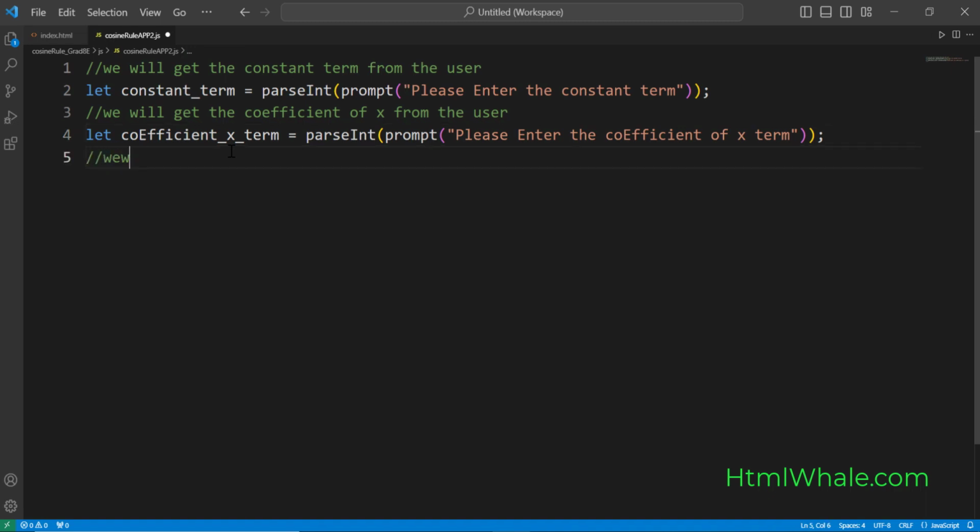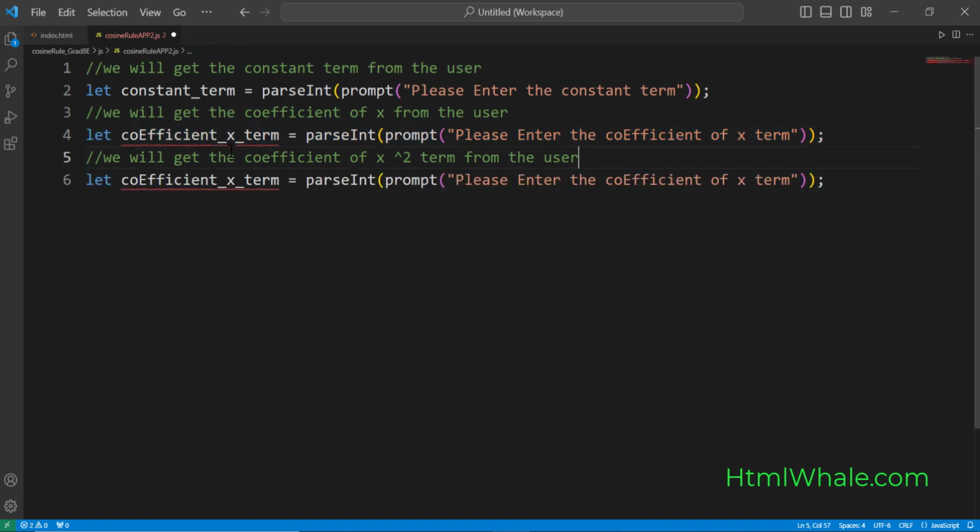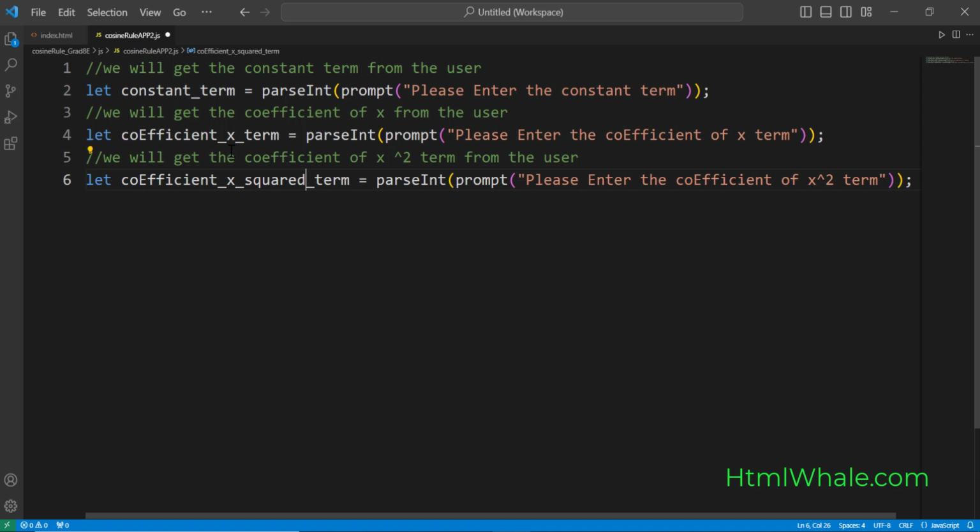Next we will get the coefficient of x squared term from the user. So I'll just copy it and I will paste it. So this is going to be coefficient of x squared term. While representing it as a variable, we cannot use that cap sign, so we need to just express it in this fashion. So all of these three things are got.